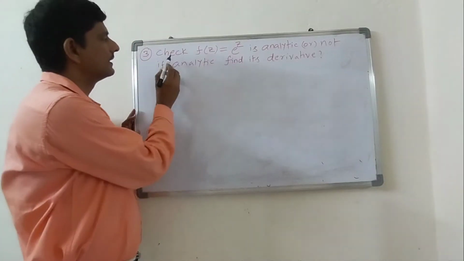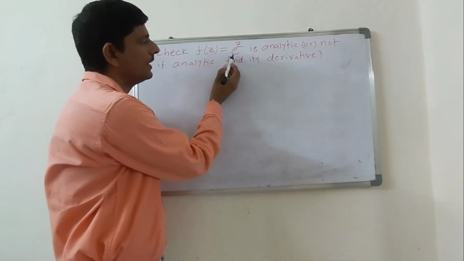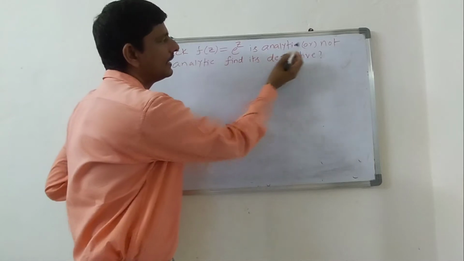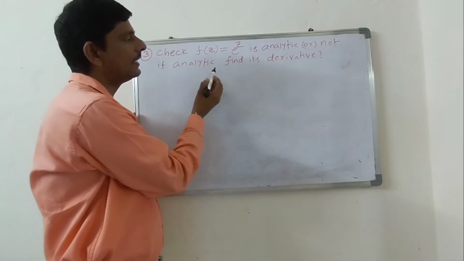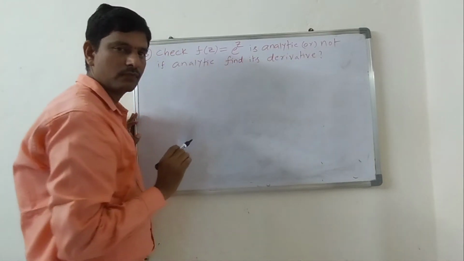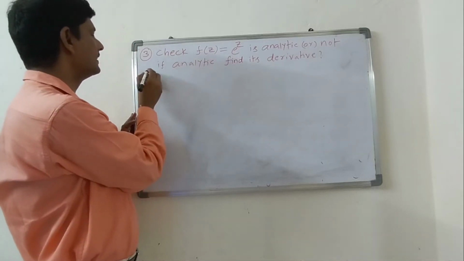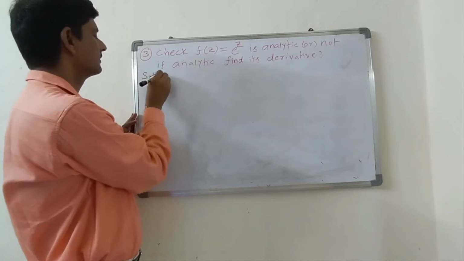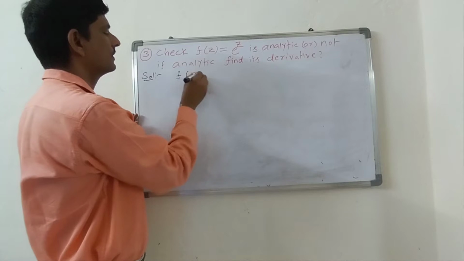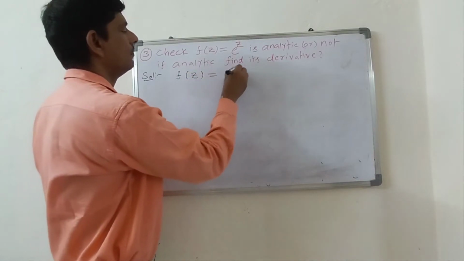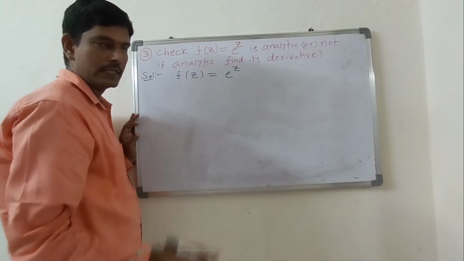Next question. Check whether f of z equal to e^z is analytic or not. If analytic, find its derivative. So what is the given function here? f of z equal to e^z.